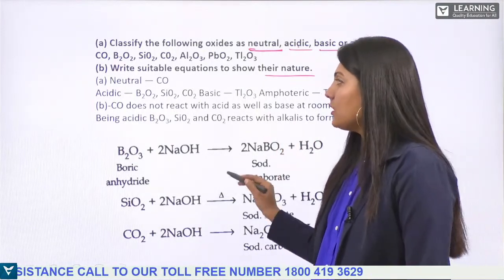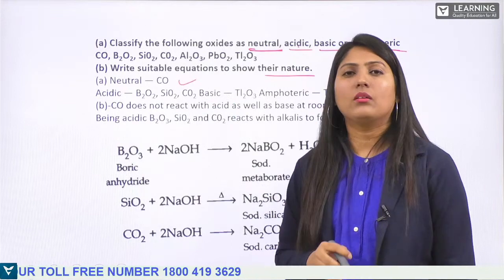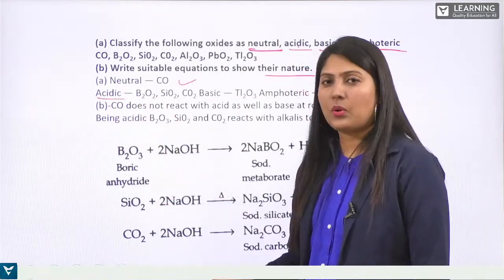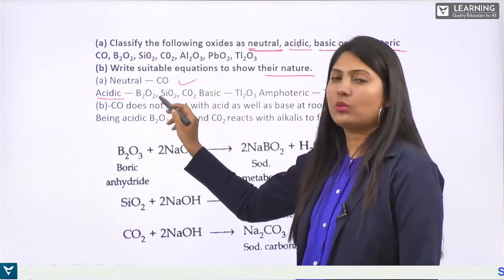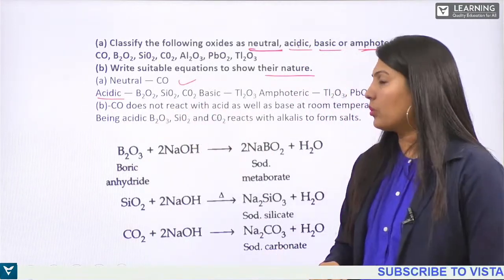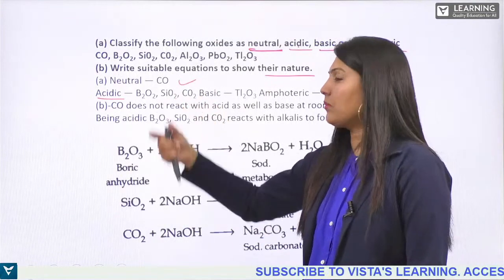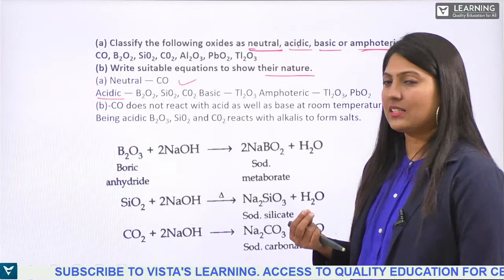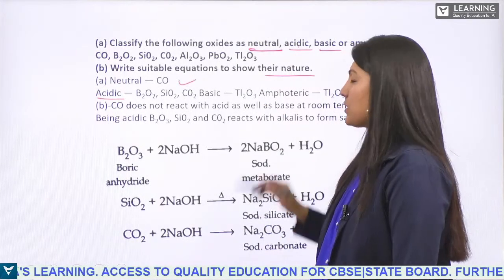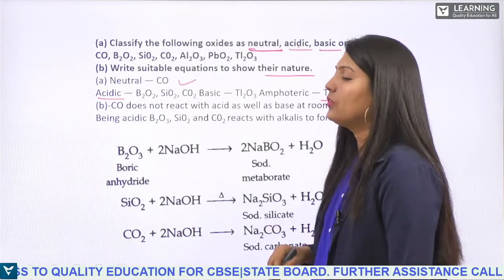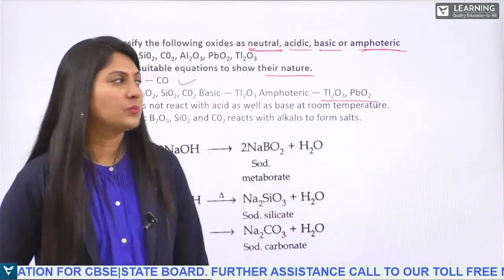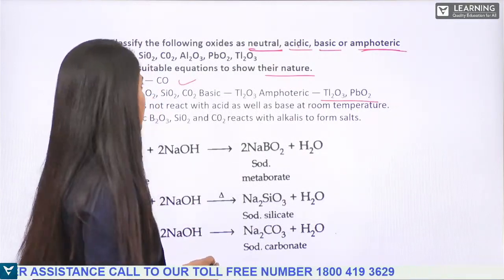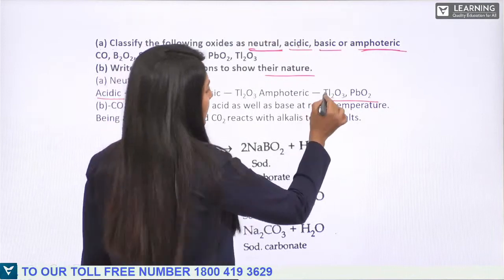In this, the neutral one is carbon monoxide alone, and the acidic property is exhibited by B2O3, SiO2, CO2, because when they are mixed with water they give you the acidic nature. Whereas the basic one is thallium trioxide, and the amphoteric ones are aluminium oxide and lead dioxide.